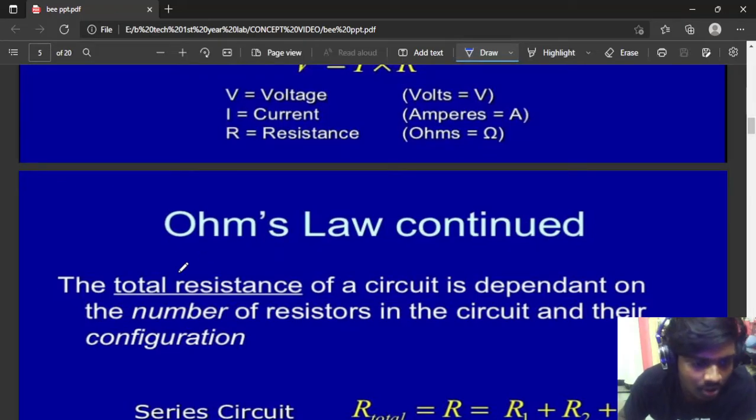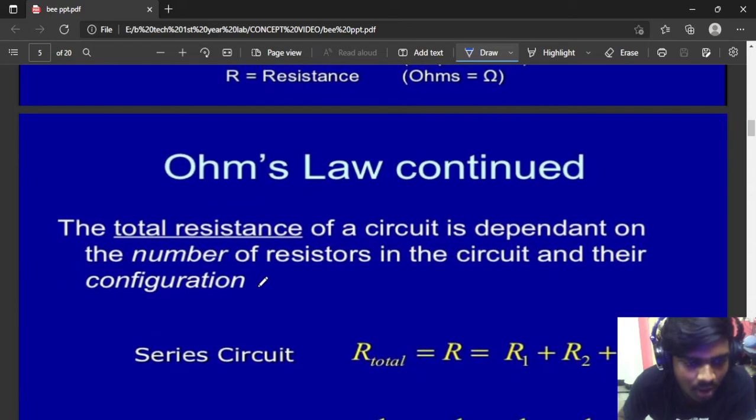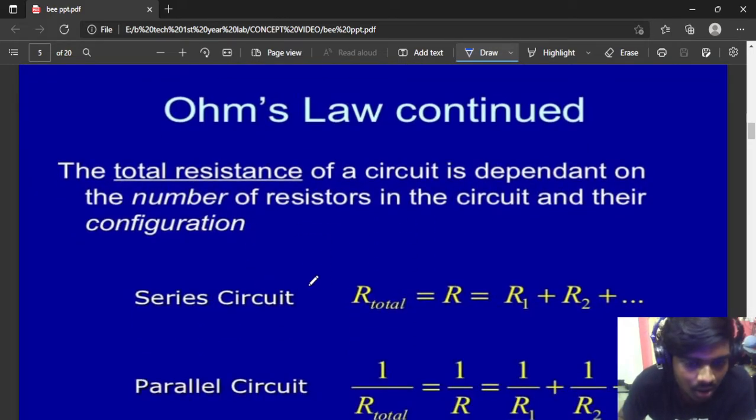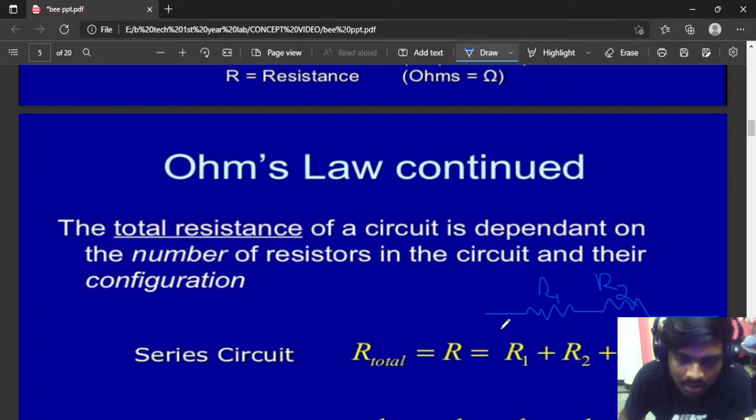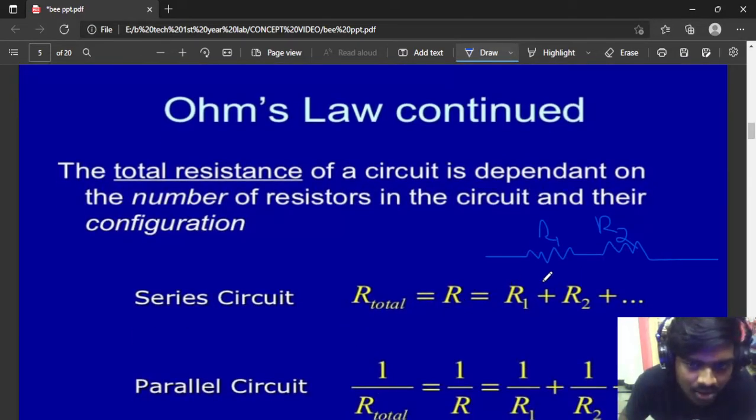Ohm's law continues. The total resistance of a circuit depends on the number of resistors in the circuit and their configuration. The equivalent resistance in a series circuit is R1 + R2 + R3. For example, with R1 and R2 in series connection, the equivalent resistance is R1 + R2.